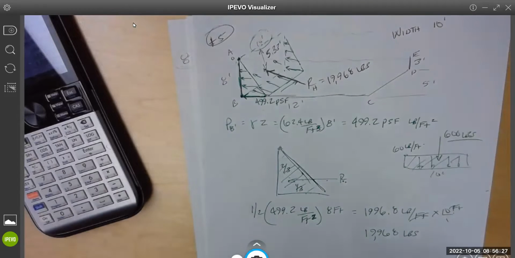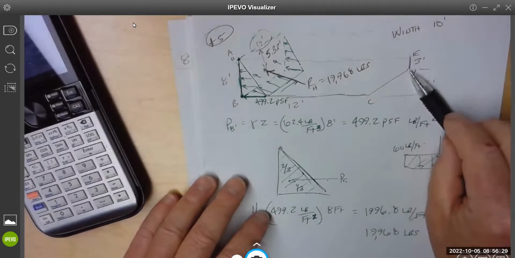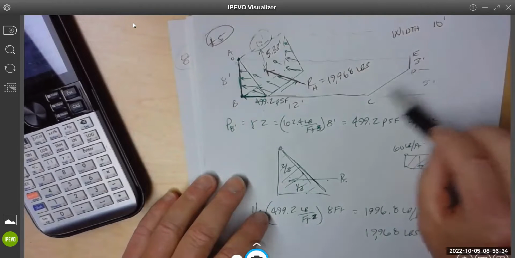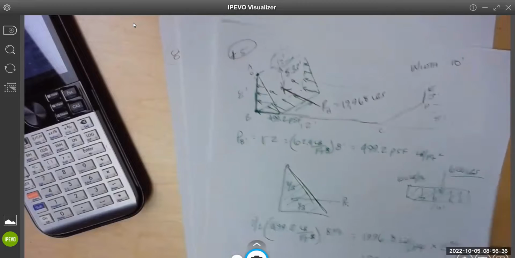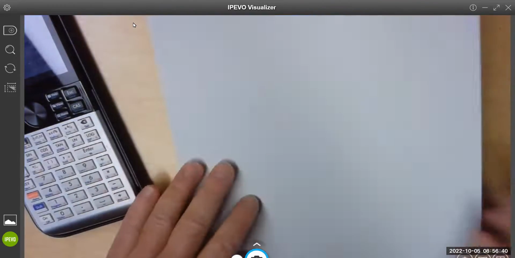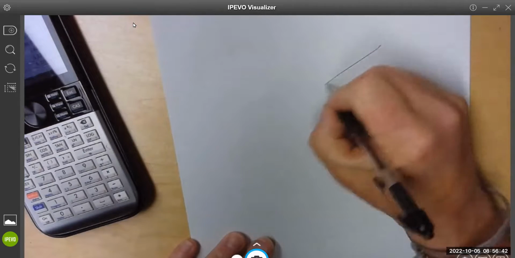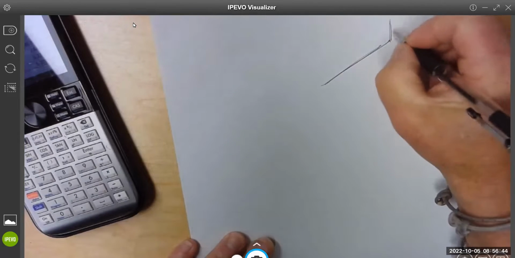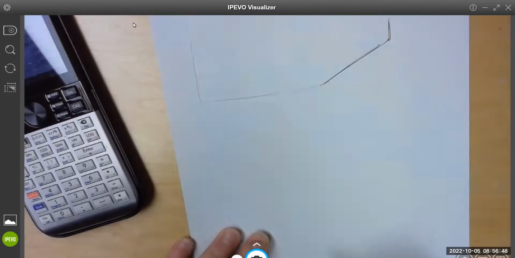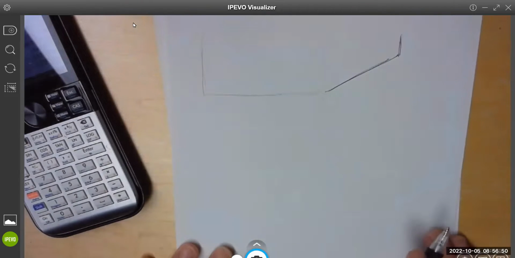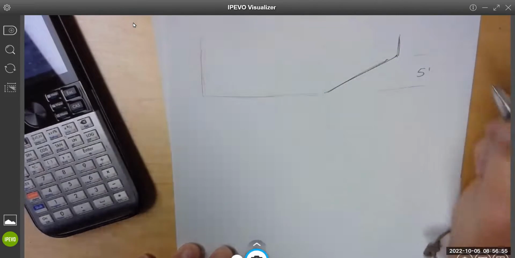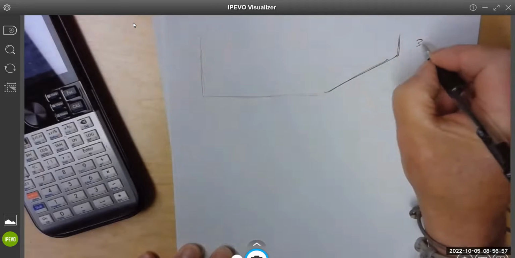All right, let's do another one. Let's do surface CD. Yeah, surface CD. So I'm going to kind of redraw surface CD on a new piece of paper. All right, so we have it's 5 foot from here to here, 3 foot here.